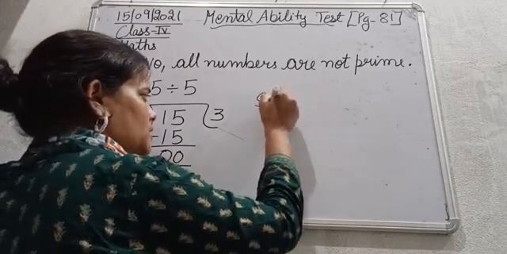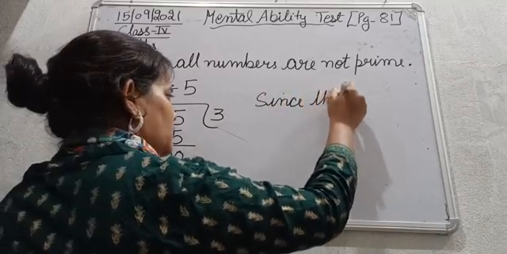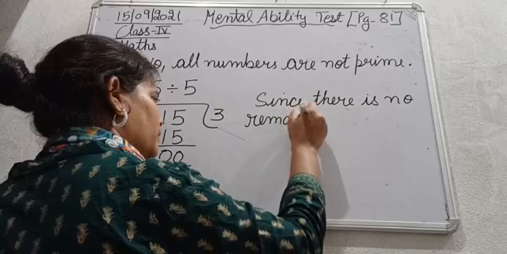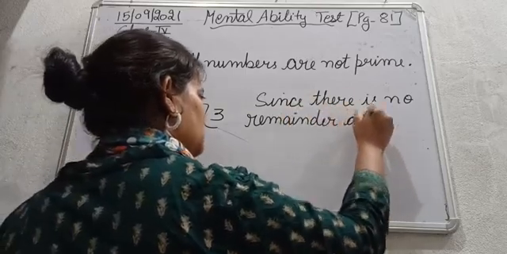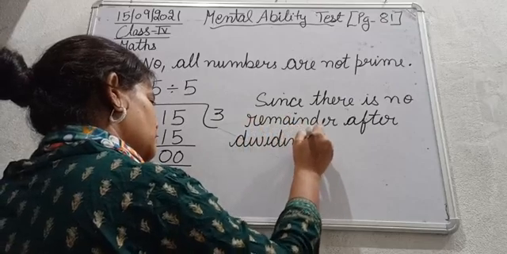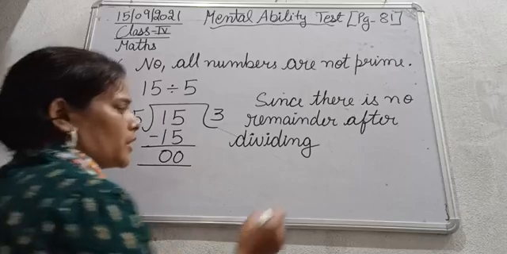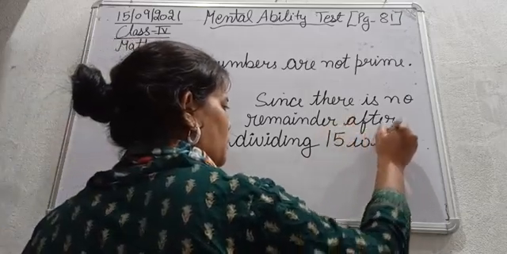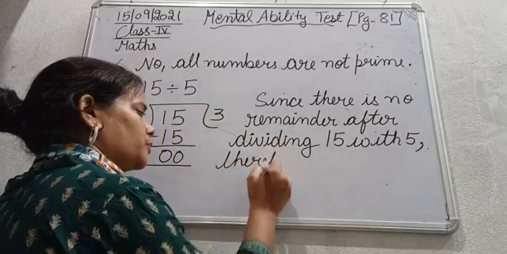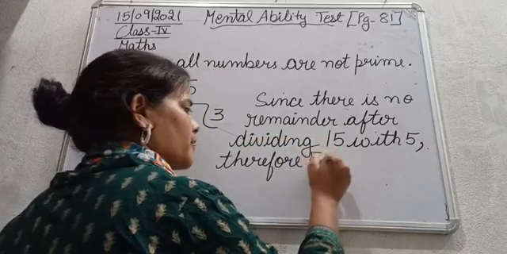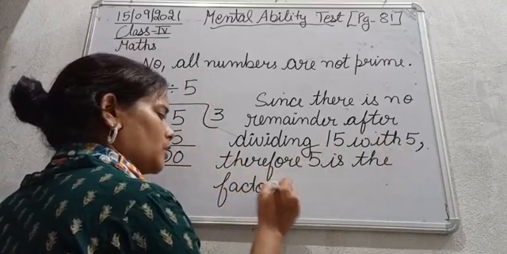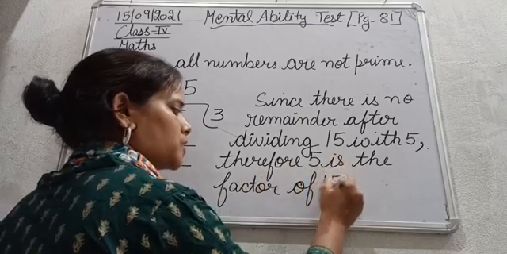So we will write down: since there is no remainder after dividing 15 by 5, therefore 5 is a factor of 15.